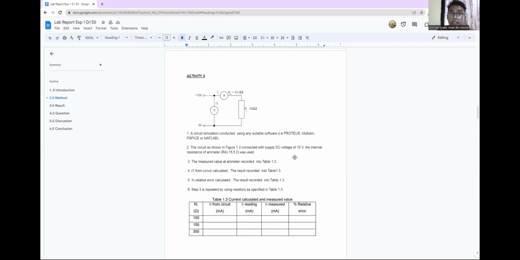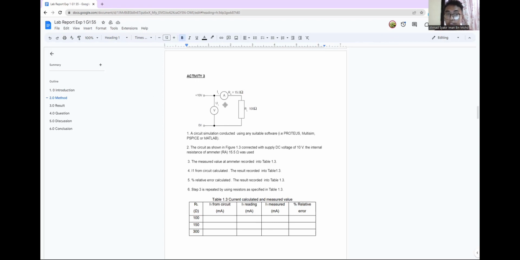For activity 3, firstly we need to conduct a circuit simulation using any suitable software. Next, we need to connect the circuit with a supply DC voltage of 10 volts. The internal resistance of the ammeter RA, 15.5 ohm, was used.